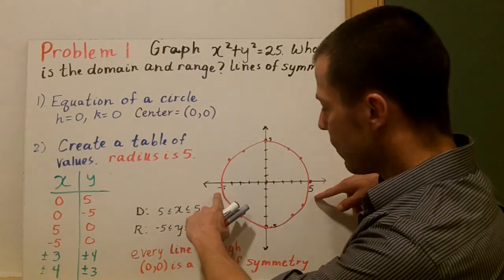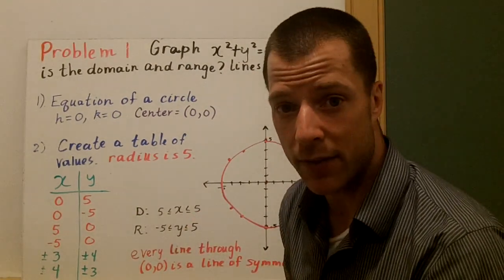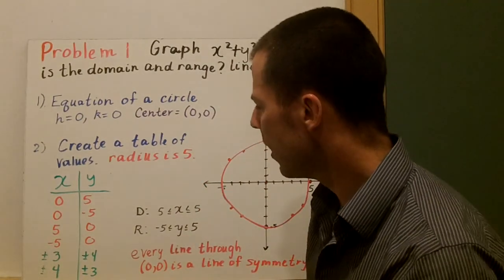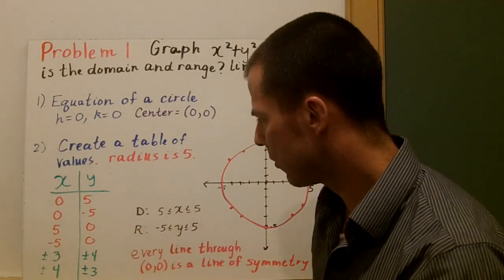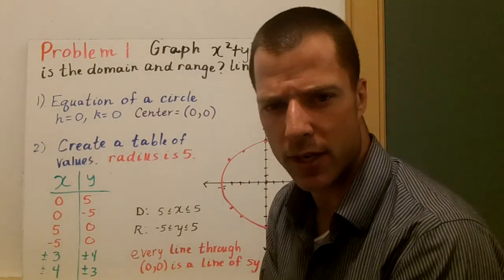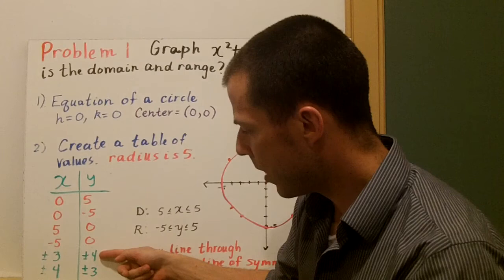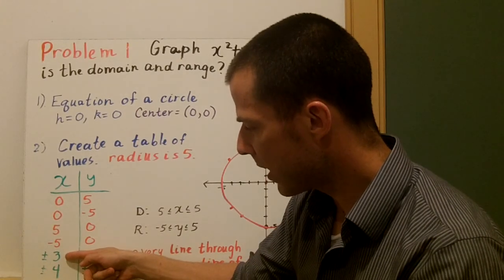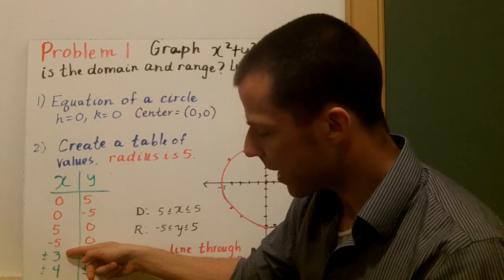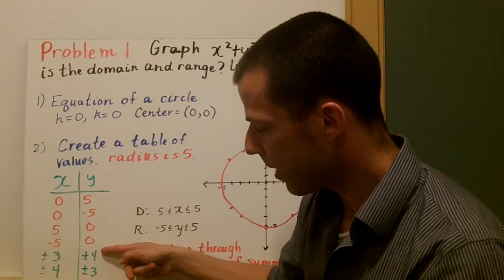Now, I know my values for x shouldn't be larger than 5 or less than negative 5, because then I'd be outside the circle. That wouldn't be defined for the circle. So I picked plus or minus 3 and plus or minus 4. When I plug in positive 3 or negative 3 for x, I get plus or minus 4.